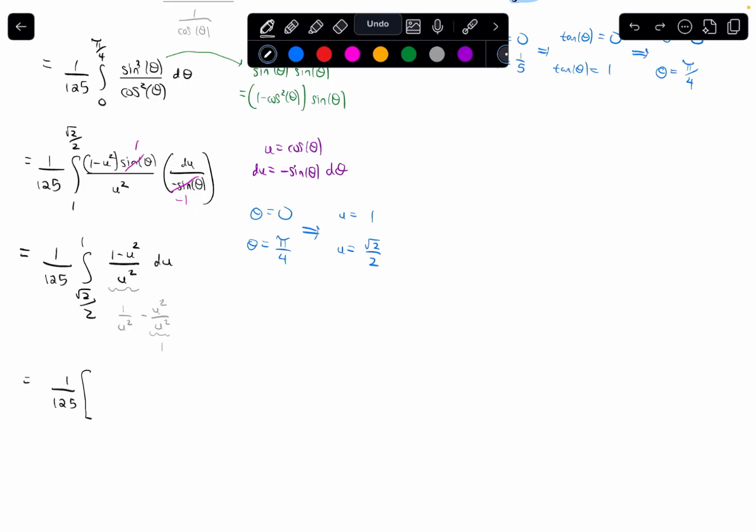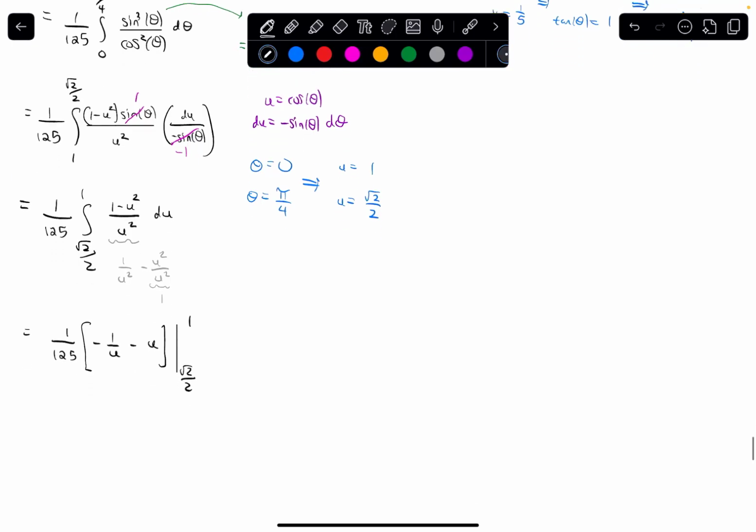Antiderivative of this is u to the negative 2. That antiderivative would be negative 1 over u, doing my reverse power rule. Antiderivative of 1 is just u. Close the bracket. And then I got to plug in my limits of integration, the root 2 over 2 and the 1. So I got to plug these in for the u and then subtract.